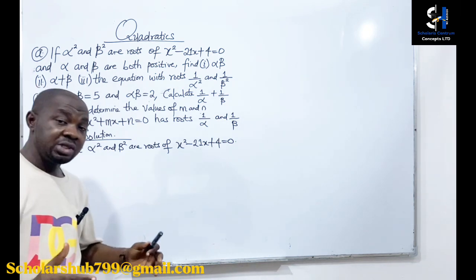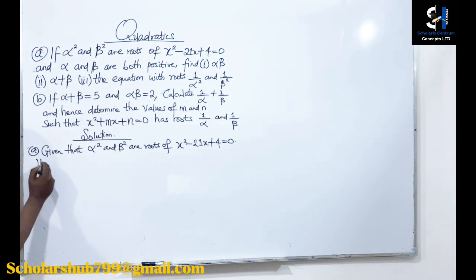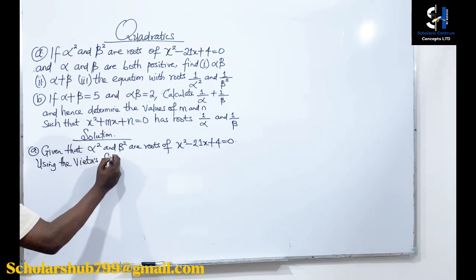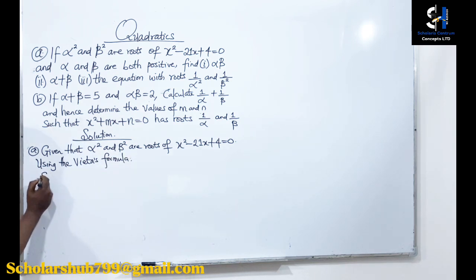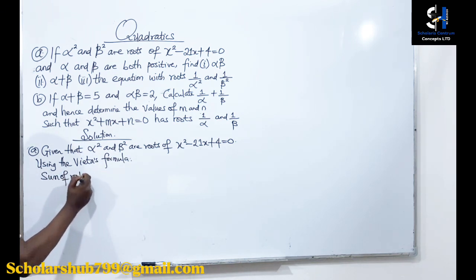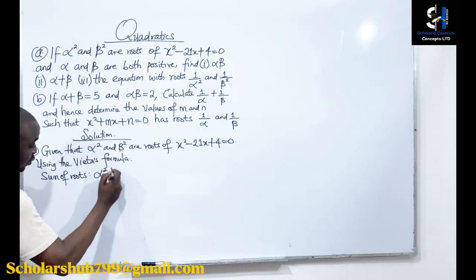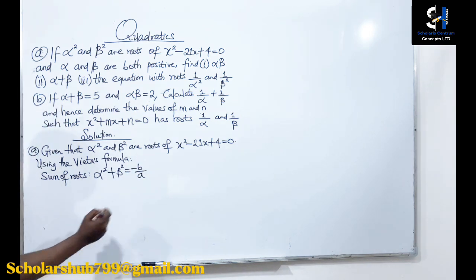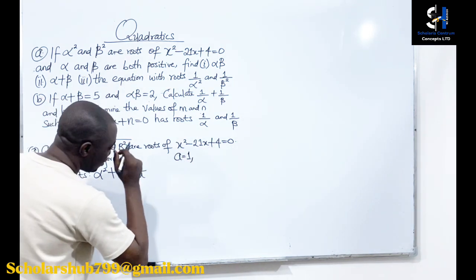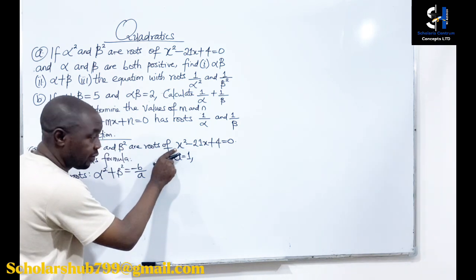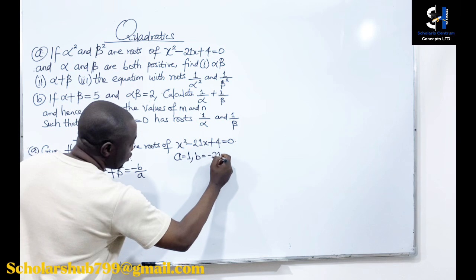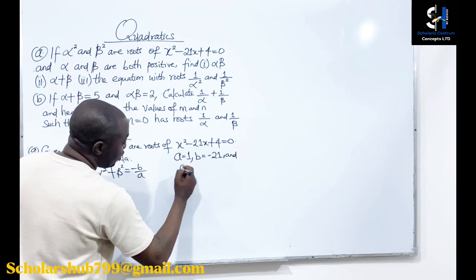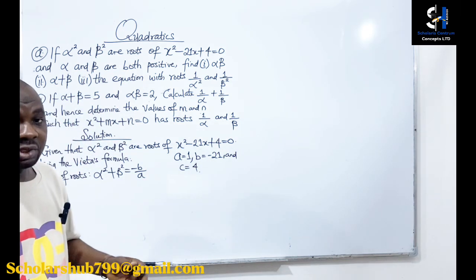So using Vieta's formula, we know the sum of roots will be alpha squared plus beta squared, which is negative b over a. Here a is 1, because a is the coefficient of x squared; b is minus 21, the coefficient of x; and c is 4, the constant term.